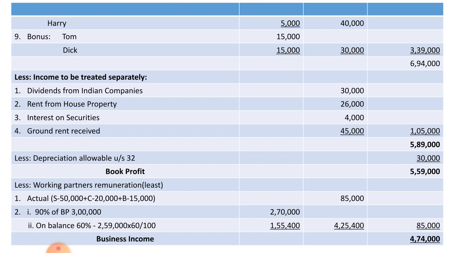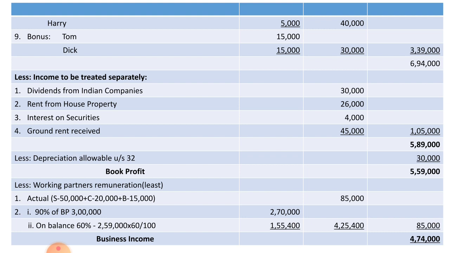As I told you earlier, you can write it in two ways. That is, you can write the difference amount under disallowed items, or else you can write this depreciation allowable here separately. Better do like this, because it is easy and easily understandable.